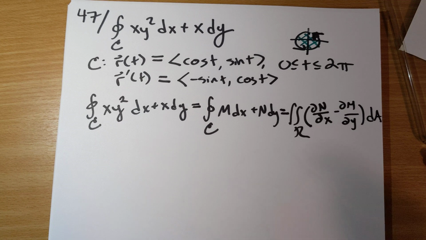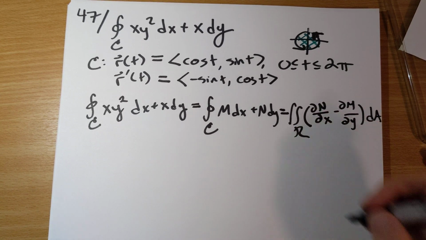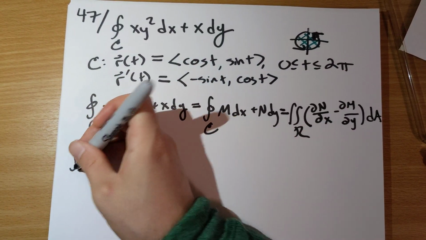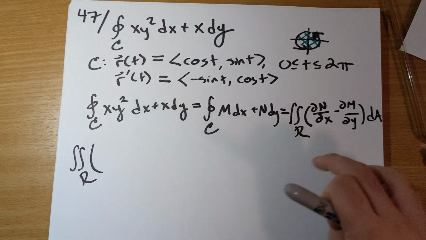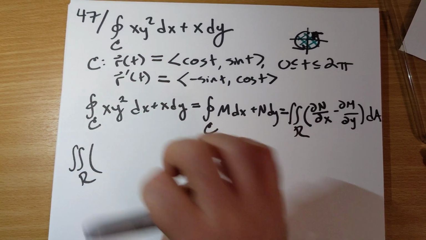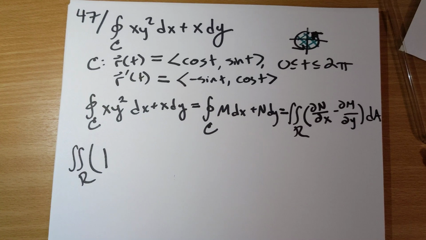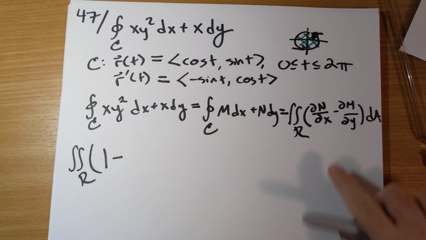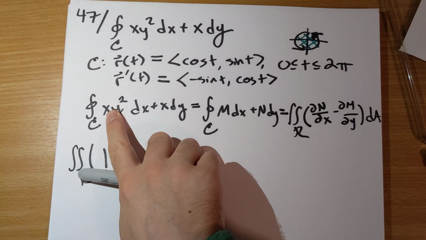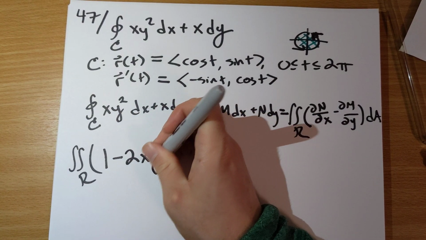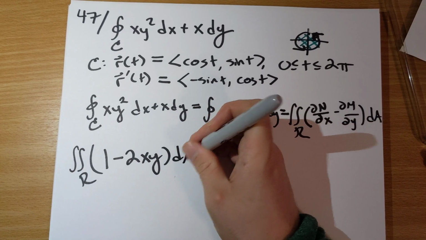Okay, so maybe I could start with the right side here. So the double integral over R of the partial derivative of n with respect to x, which is 1, minus the partial derivative of m with respect to y, and that would be minus 2xy, dA.